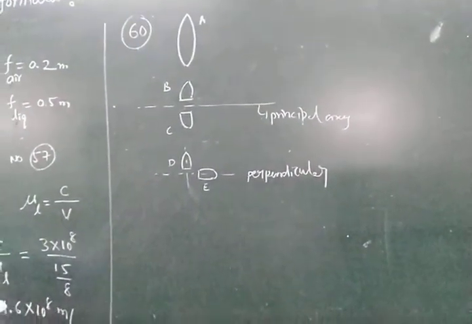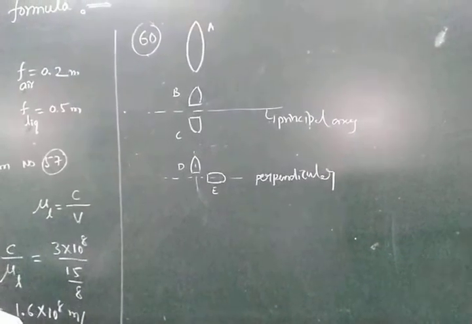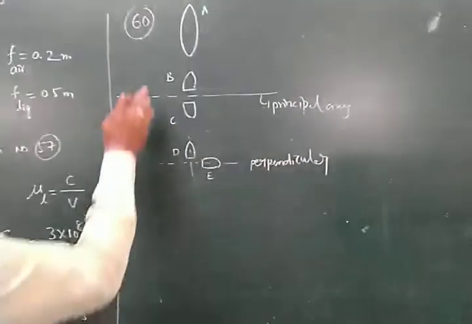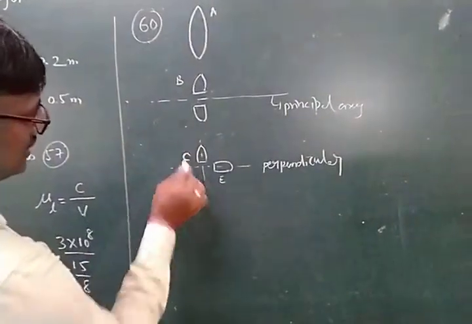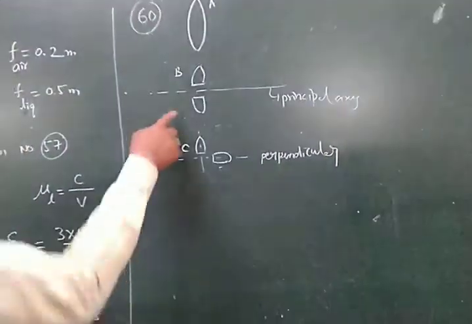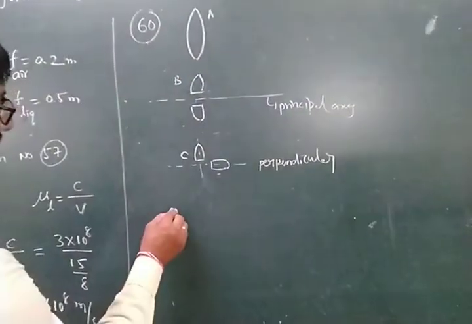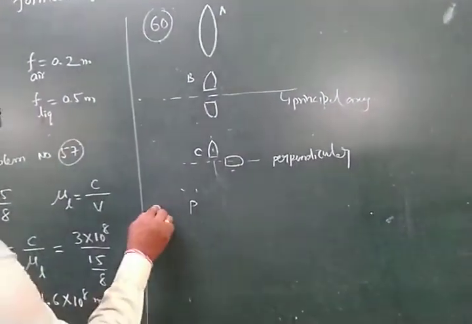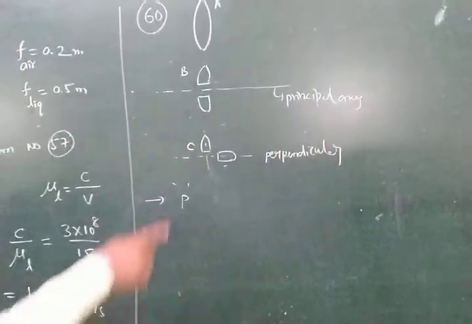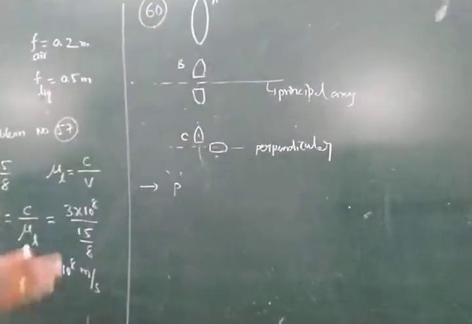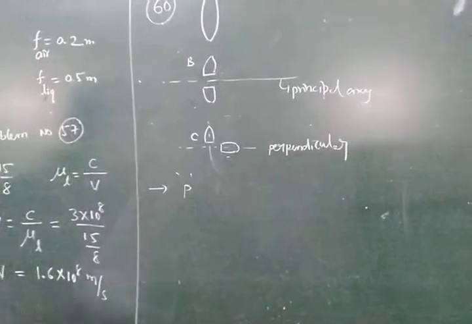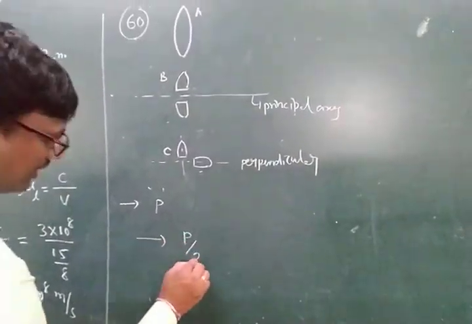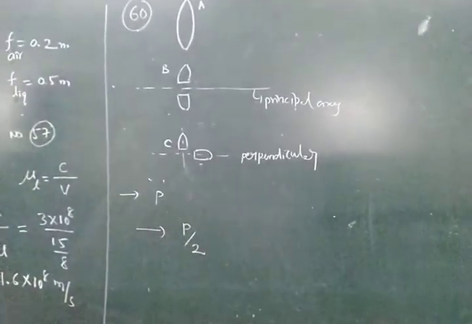If the focal power of the original lens is P, then what are the powers of A and C? This is considered B and this is considered C. See, for the first one there is no change in the focal power, it is P. Now when we take the perpendicular cut, the focal length is divided into two equal parts, so the power will be P by 2.